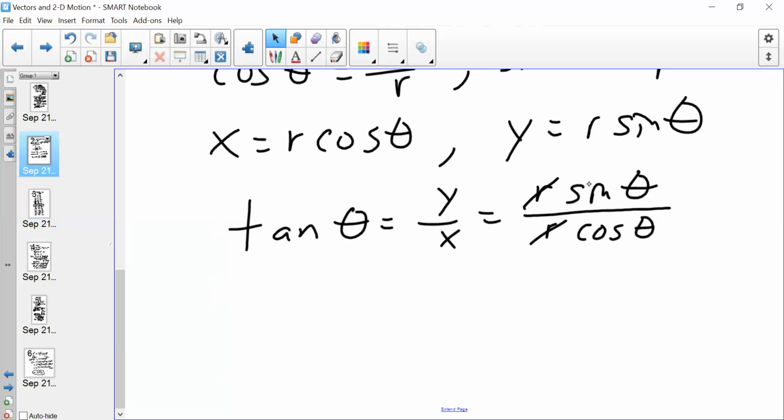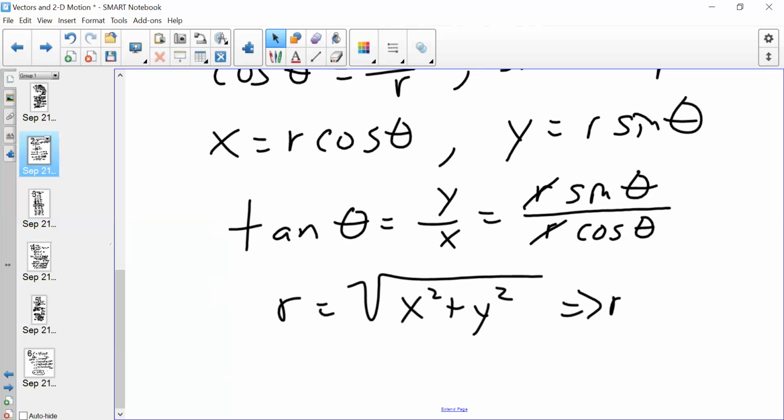Just like basic x squared plus y squared, we know that r squared is x squared plus y squared. So this is just the trigonometry and geometry background that we're going to need to translate up to physics. So that's the gist of section 3.1.